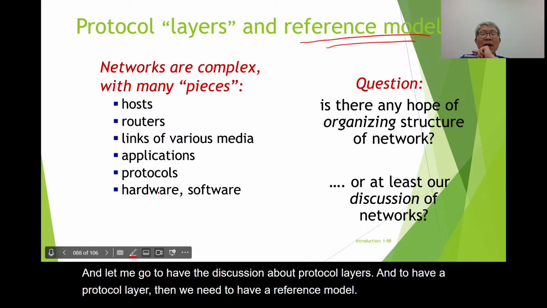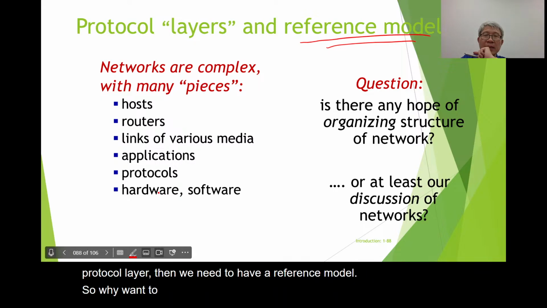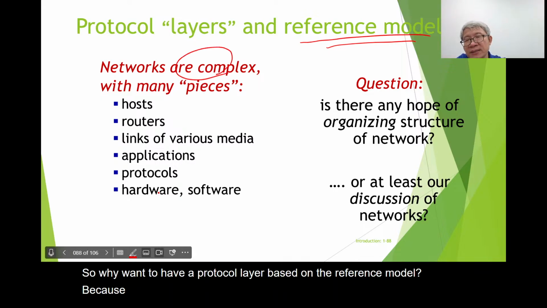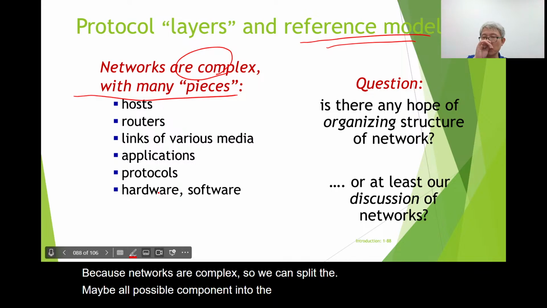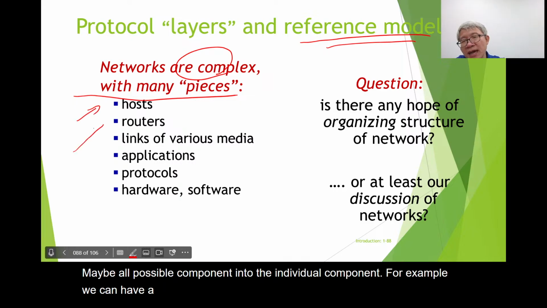So why do we want to have a protocol layer based on the reference model? Because networks are complex. So we can split maybe all possible components into individual components. For example, we can have a host. We can have routers, we have a link, and the others.